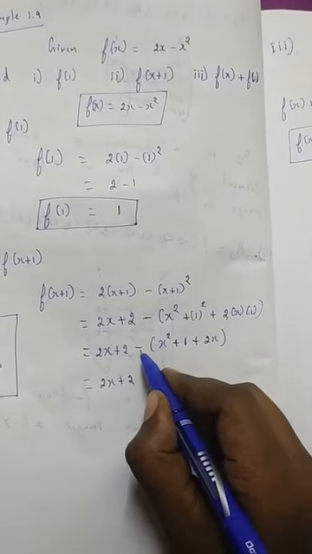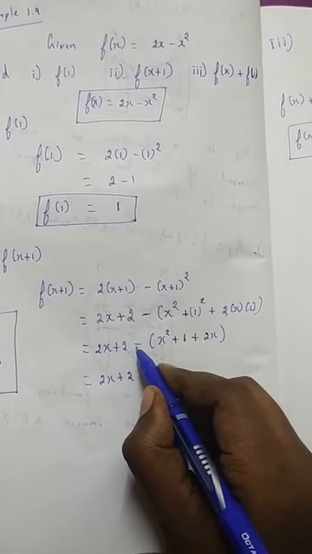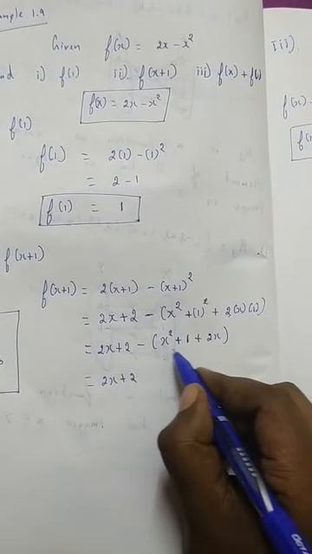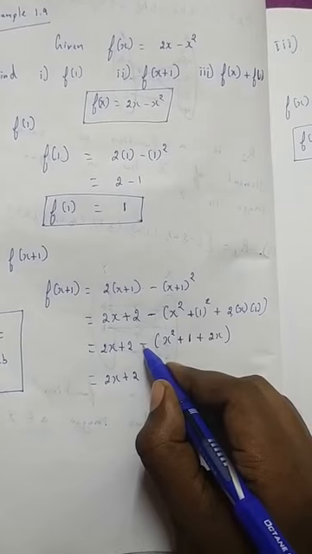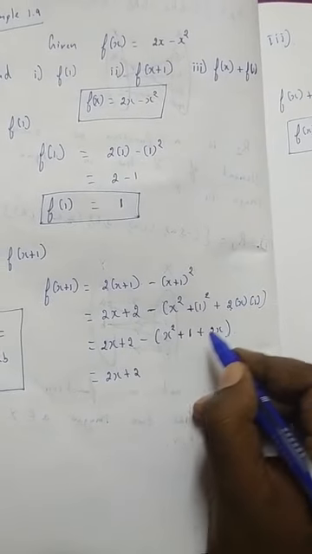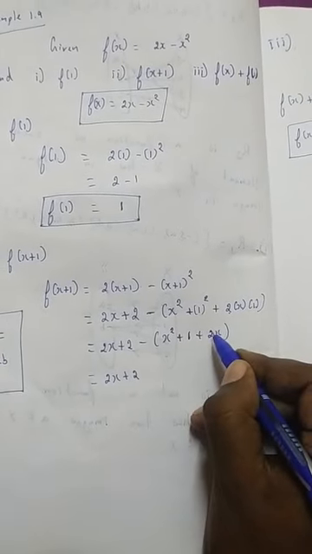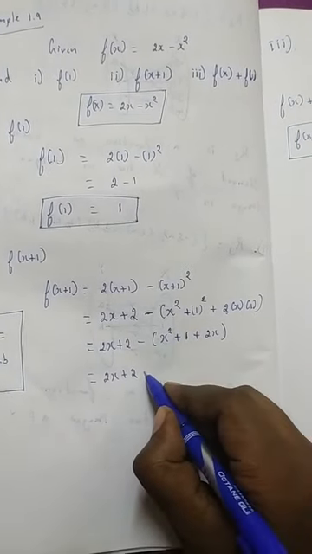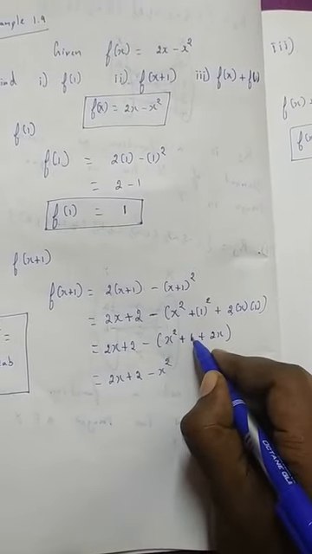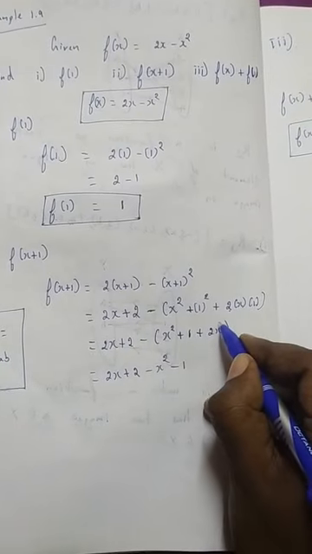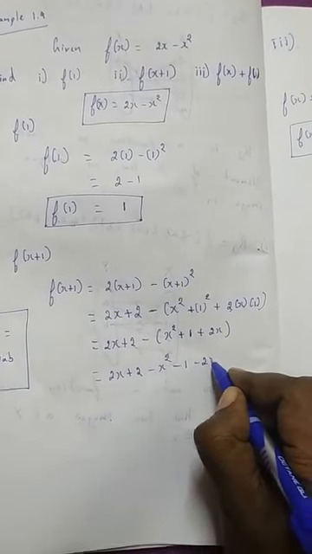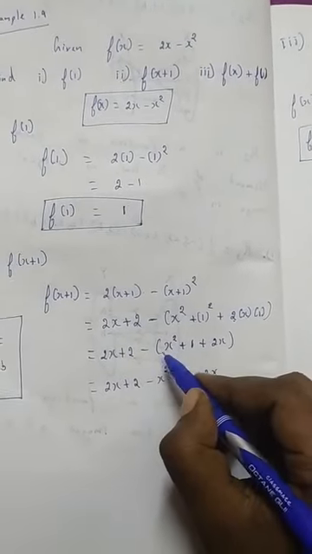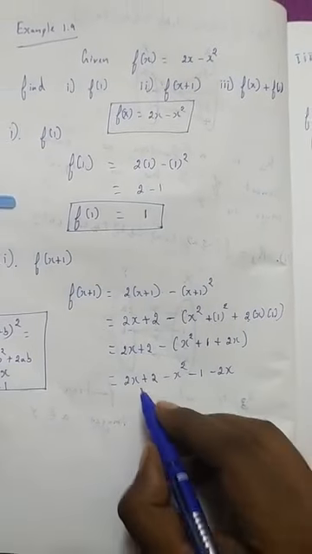Here this minus is common outside for all these elements, so we have to multiply this minus inside the bracket, which means all the signs should change. So x square is positive, it becomes negative. 1 is positive, it becomes negative. 2x is positive, it becomes negative, right? I simply multiply this minus inside.